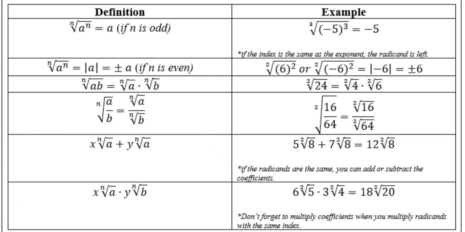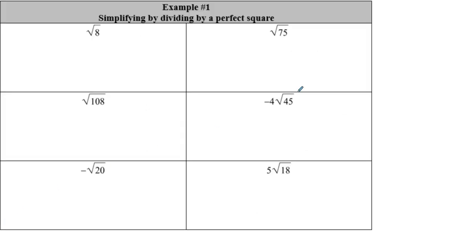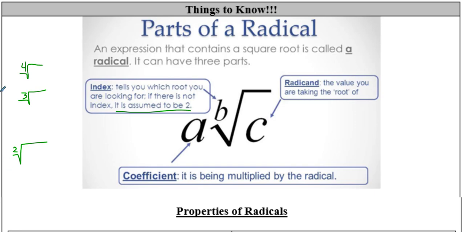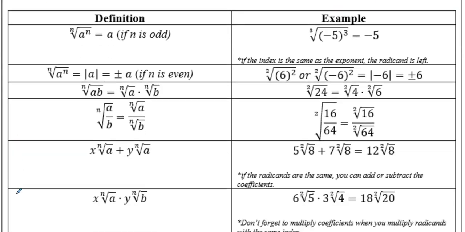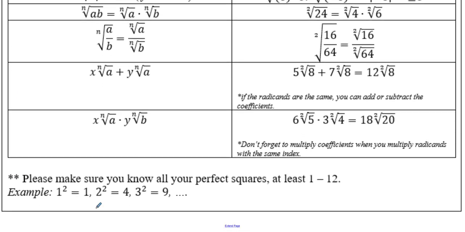All right, let's jump right into it, my favorite part. Example 1 says simplifying by dividing by a perfect square. It probably would have helped if I scrolled down a little more, because this is something you should have in your tool belt. I put a note down here that says, please make sure you know all your perfect squares, at least 1 through 12.